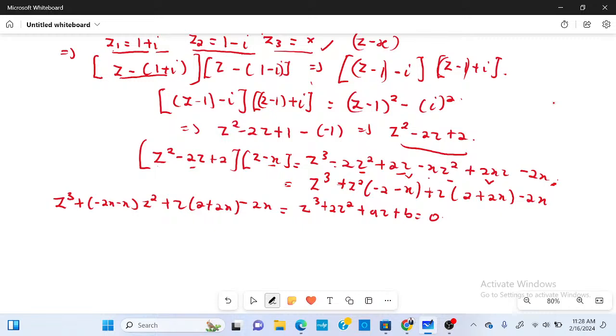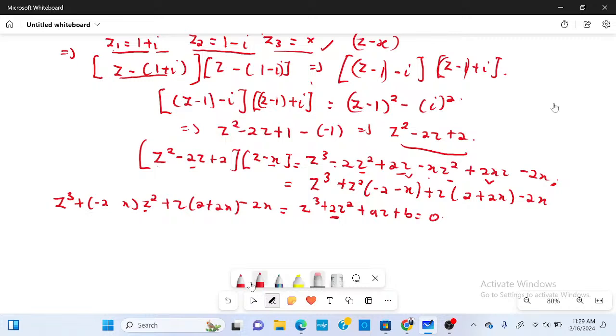So at this point, you realize that the coefficient of z squared is what? 2 here in my actual polynomial. Then what's the coefficient of z squared here? It is this expression. So it was actually negative 2 minus x. Sorry, so let me take this x off.